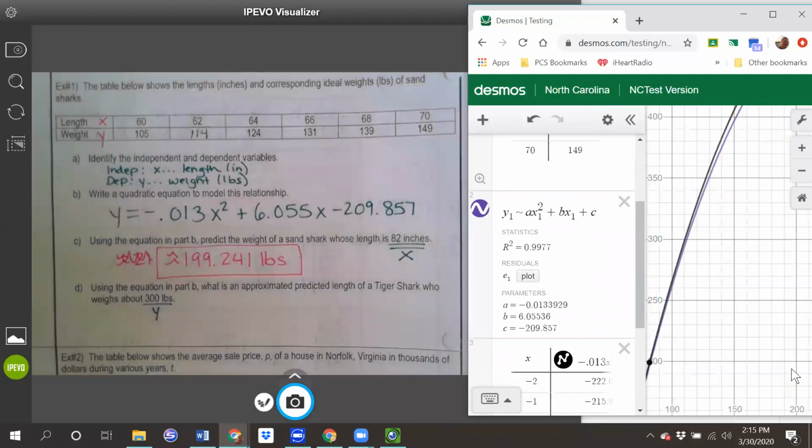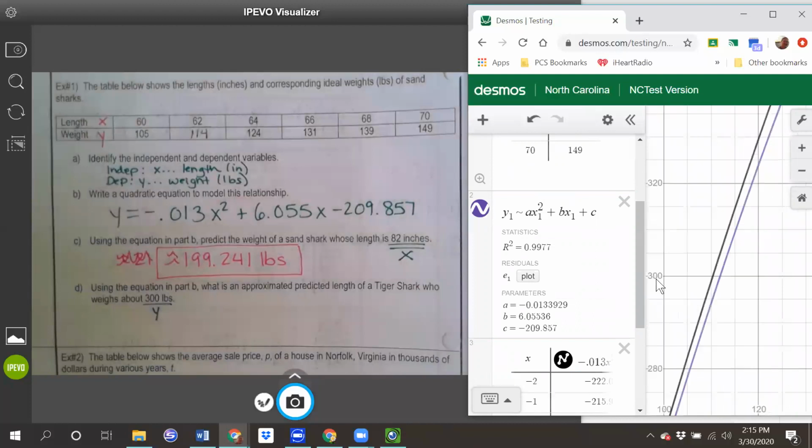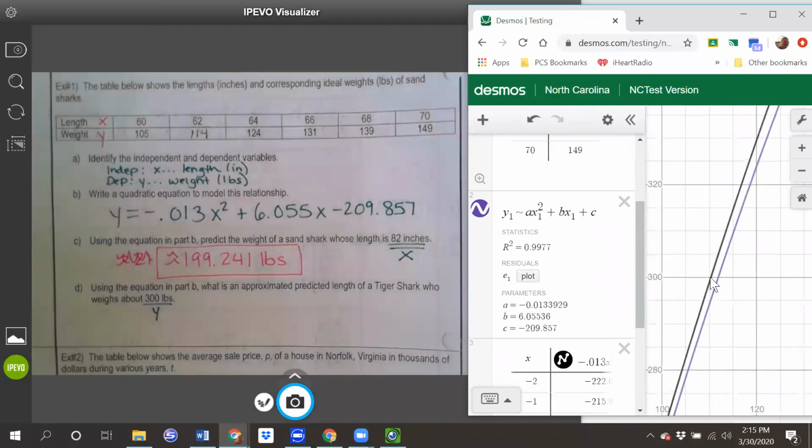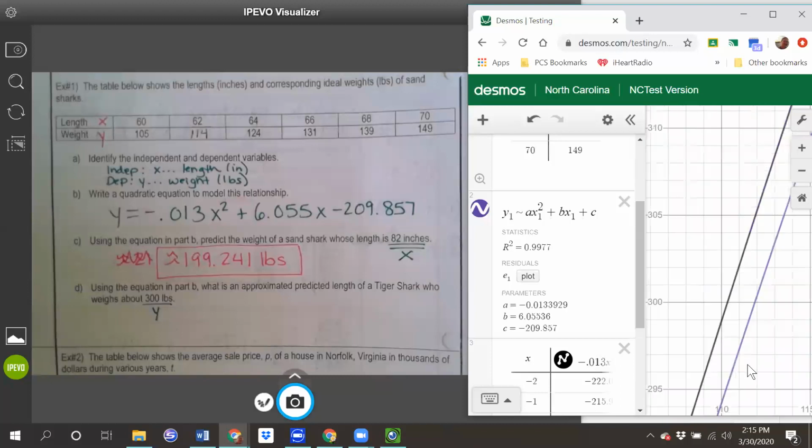So if I zoom in, this is my black equation. If I zoom in on 300, I am looking for that point right there, and I can't tell exactly what that is. This is 110, and I want to be as close to 300 as possible.